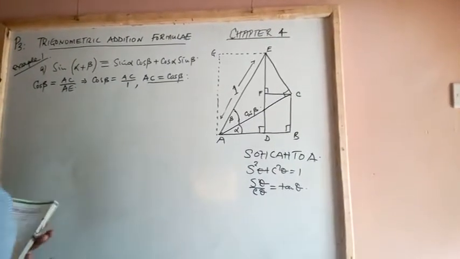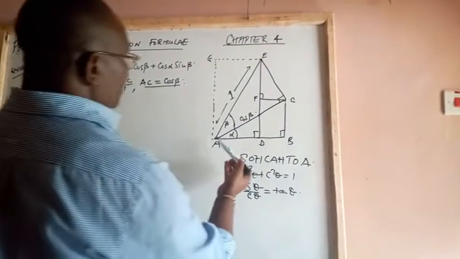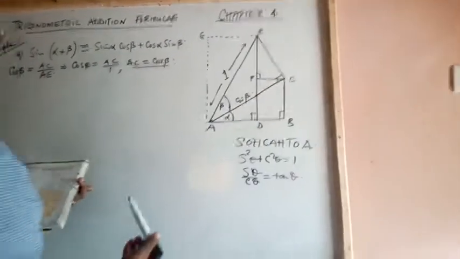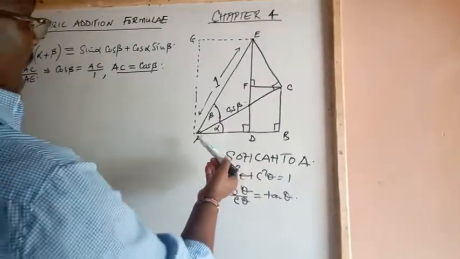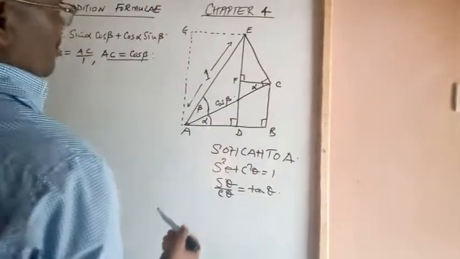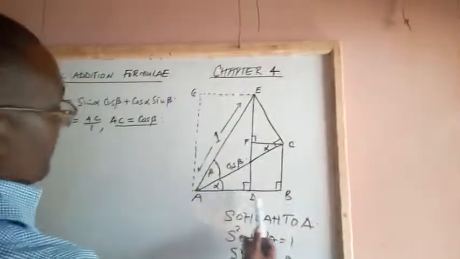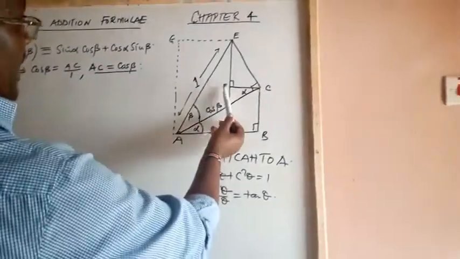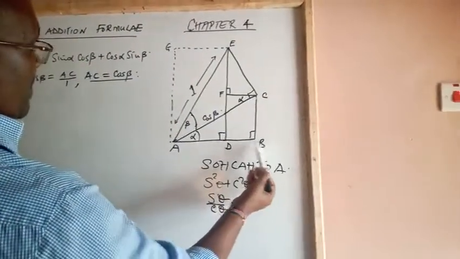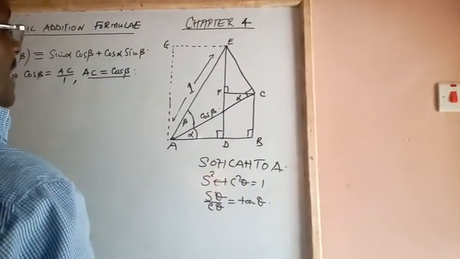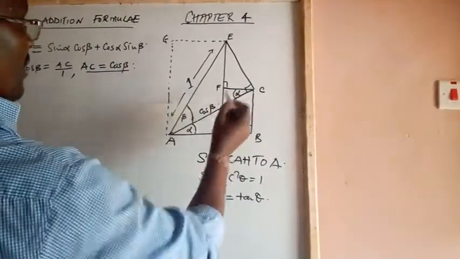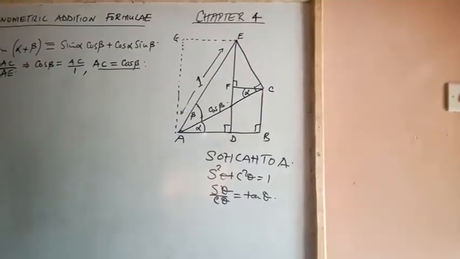Again, if we concentrate on the angle ACF, it is actually alpha, because the line AB is parallel to FC, and AC is a transversal, and angle BAC alternates with angle FCA, so that angle is alpha.